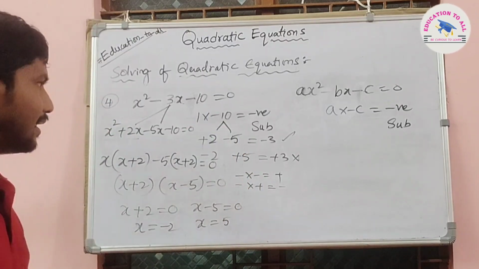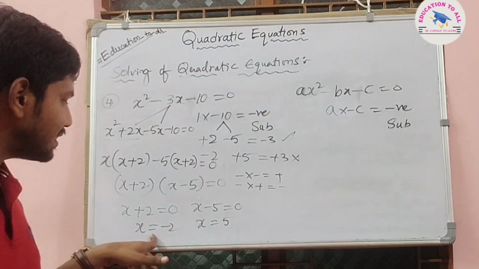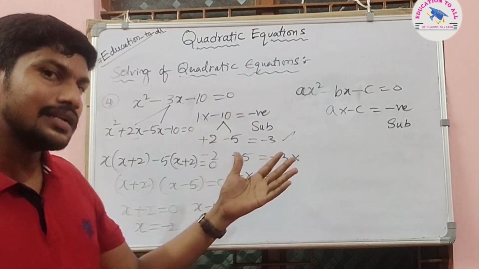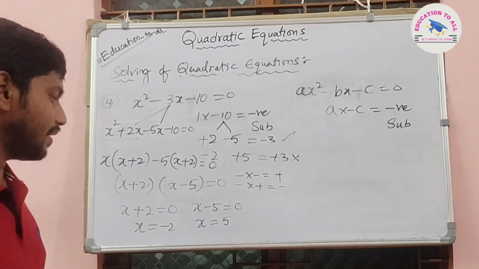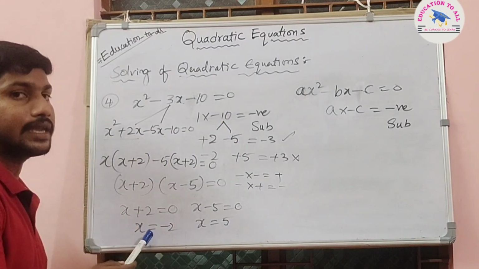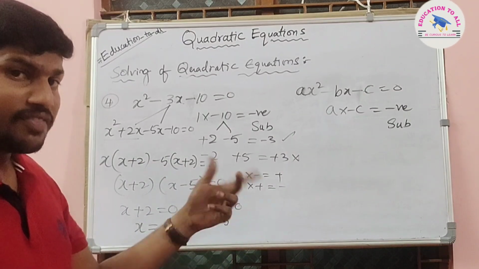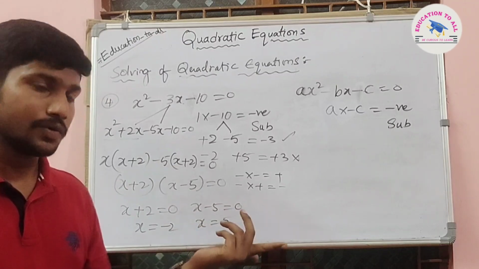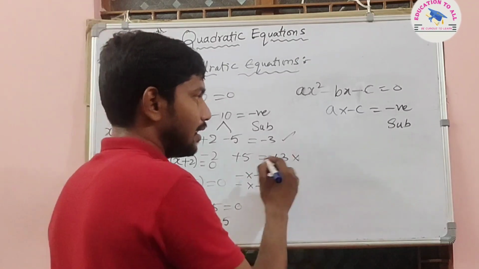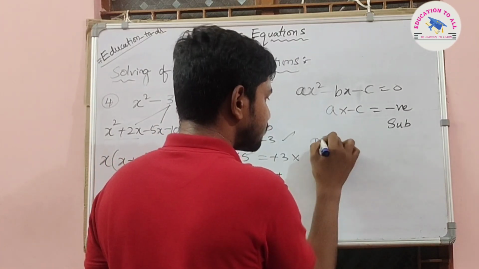So clearly observe that here also, if a into c is negative, the roots we got are one negative and one positive. In the previous condition also, one is positive and one is negative. But one thing we can identify: the small number 2 is negative and 5, the big or greater number, is positive. In the previous condition, the small number is positive and the greater number is negative. Similarly, I will write the condition, so listen carefully.